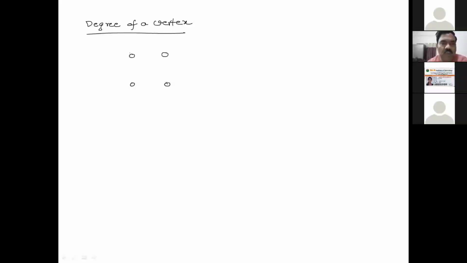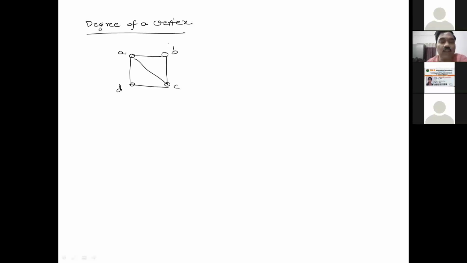Maybe I will not write the same graph; let me try another one. Let us take this as another graph. What is the order in this? 4, sir. What is the size of this graph? 5. Yes, 5 edges are there.